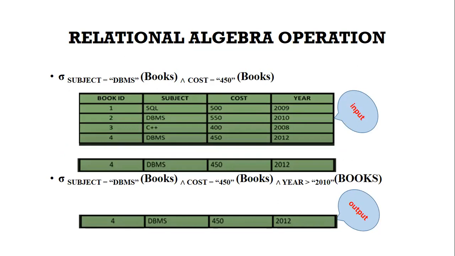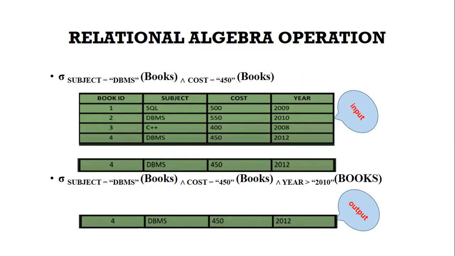So this is the query: sigma subject equal to DBMS, where P is mentioned in the subscript and R is books, and then cost equal to 450 is P and books is the relation. You can see here, it will display the textbook of DBMS where the cost is equal to 450.